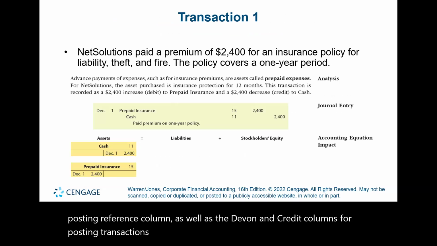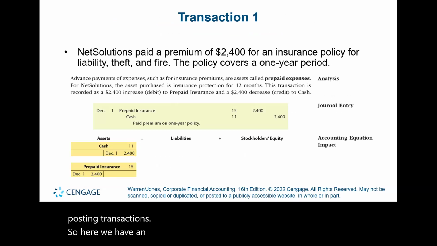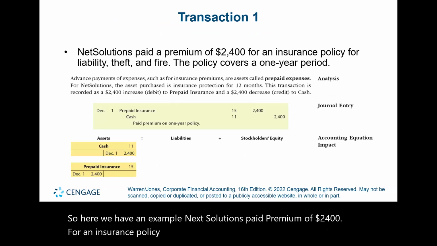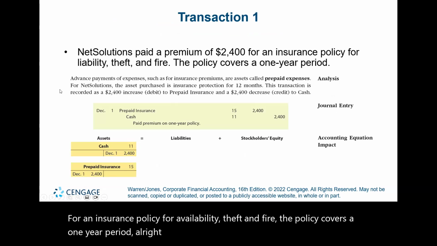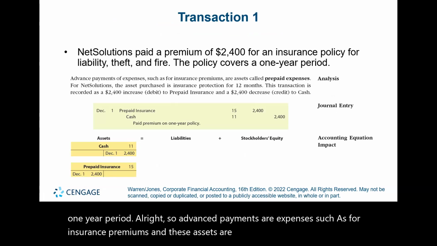So here we have an example. Net Solutions paid a premium of $2,400 for an insurance policy for availability, theft, and fire. The policy covers a 1-year period. All right, so advance payments are expenses such as for insurance premiums, and these assets are called prepaid expenses.